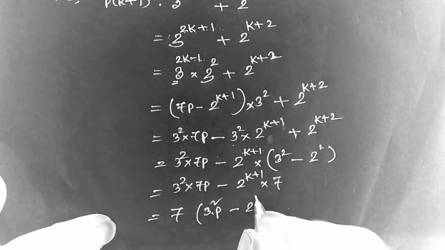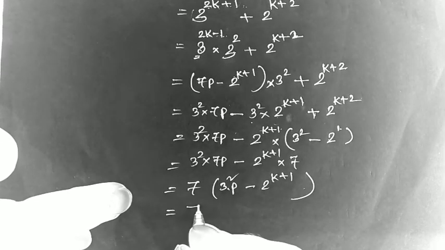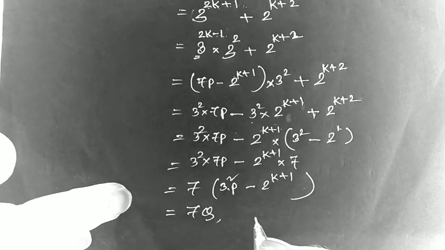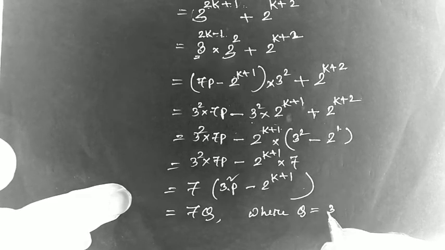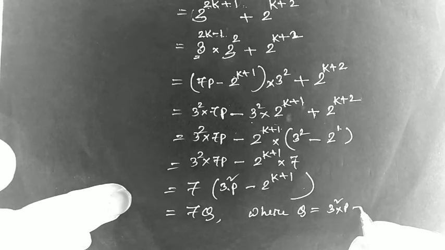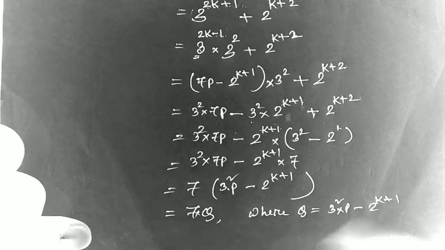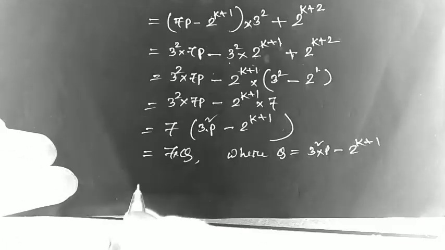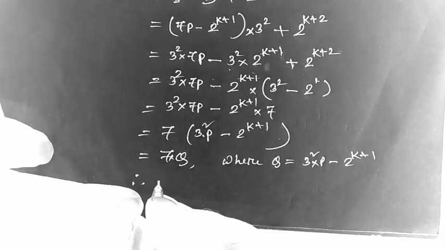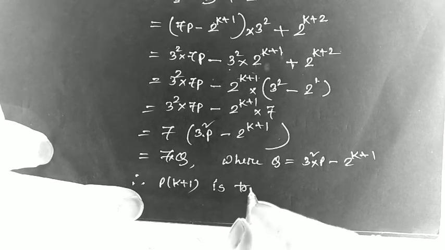Here 2 to the power k plus 1, so it can be written as 7 into suppose q, where q is 3 square into p minus 2 to the power k plus 1. 7q means this thing is divisible by 7, that means p(k plus 1) is also true.